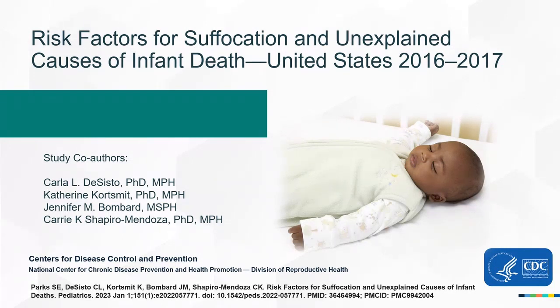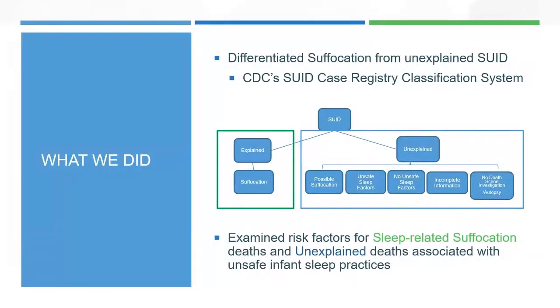So this study, entitled Risk Factors for Suffocation and Unexplained Causes of Infant Death, was published this past January in Pediatrics. We again used the CDC SUID classification system to identify SUID that were either due to sleep-related suffocation or unexplained causes.